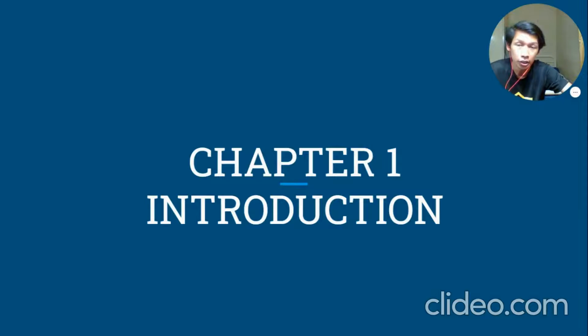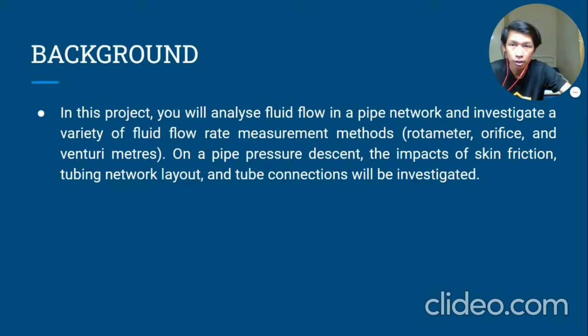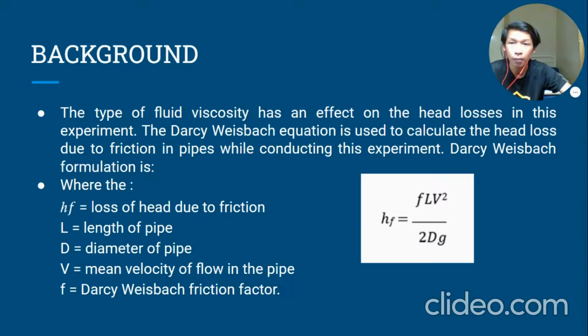And I will be presenting on chapter 1, which is the introduction. For this project, we will be analyzing fluid flow in a pipe network and investigating a variety of fluid flow rate measurement methods, including the rotameter, orifice, and venturimeters. On a pipe pressure drop, the impact of skin friction is to be nailed out, and the tube connection will also be investigated.